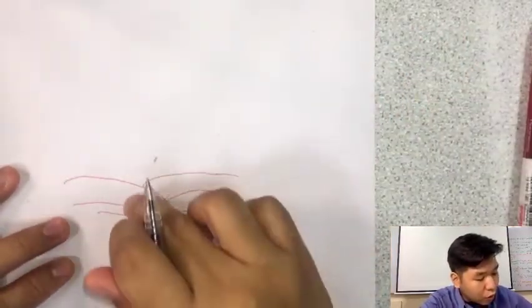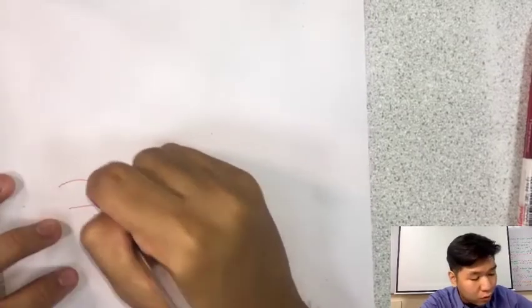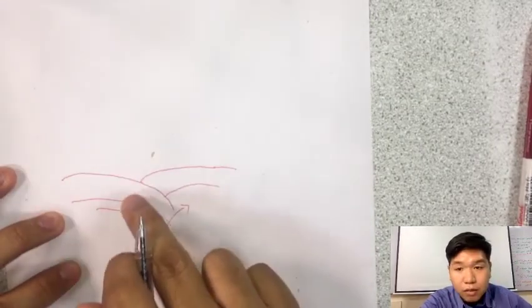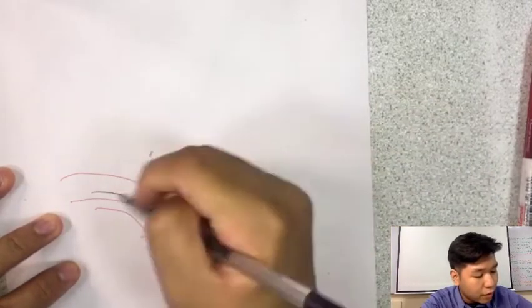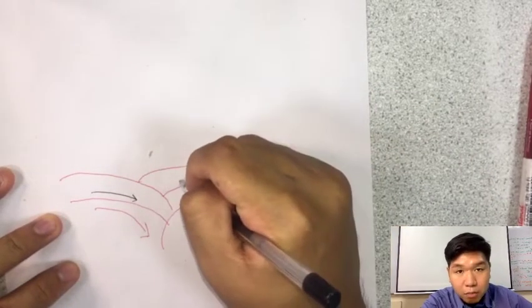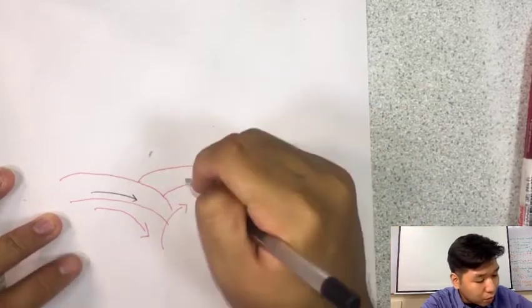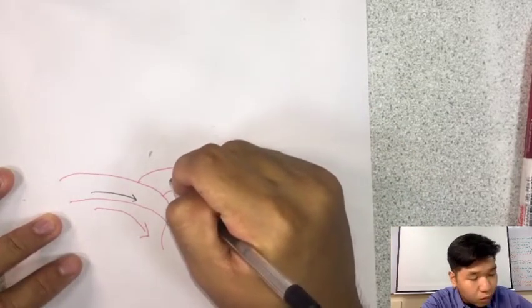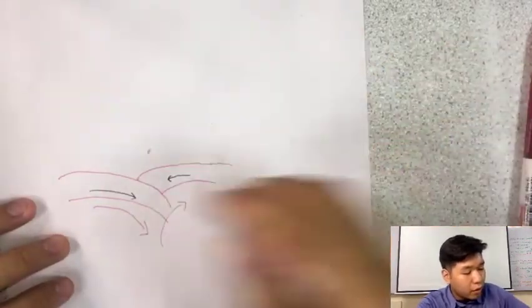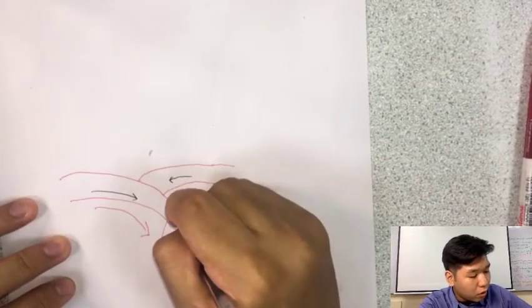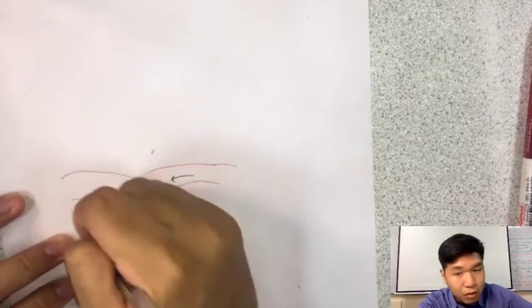So this lithospheric plate, this is a lithosphere. This lithospheric plate here will sink. Right? It will sink. And this plate here will just stay put. But most probably it will also collide with the other one. So this process here is called subduction.